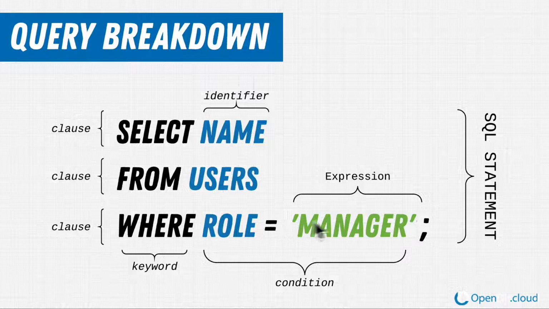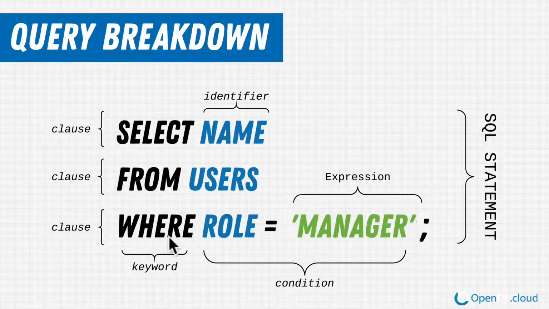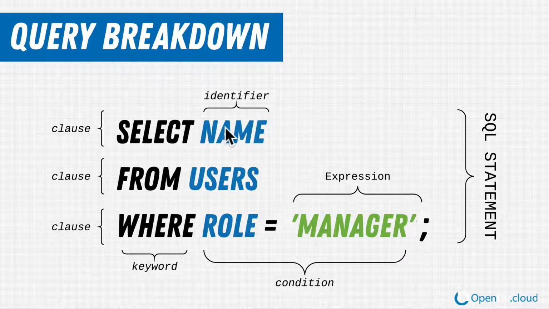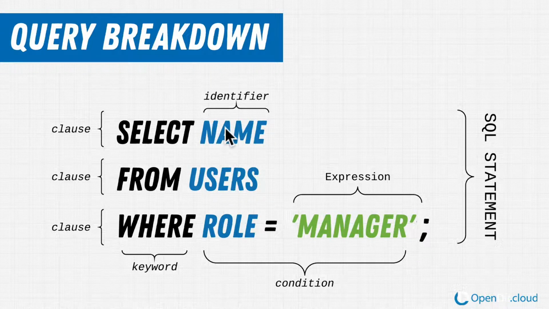Where role is equal to manager. This is what we call a condition. So where is our keyword. And we're saying where the role of the user is equal to manager, return us the name. I hope that makes sense. We're filtering data at this point. We're saying where the role is equal to manager of the user, give us back their name.